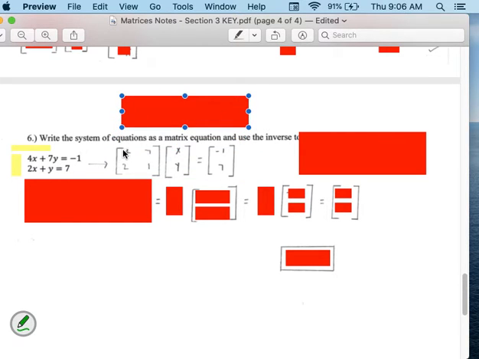All right, check to make sure you got your matrices written down. And now from this one, we need to find the inverse. 4, 7, 2, 1. Find your inverse.